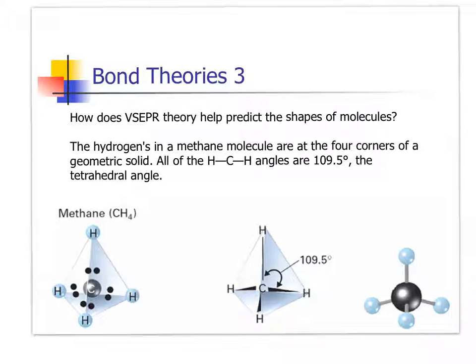So we have the question, how does VSEPR theory help predict the shapes of molecules? Well, it takes us through a little step-by-step process where we see a little bit of a Lewis dot structure, and it transitions us into what is known as the line structure.